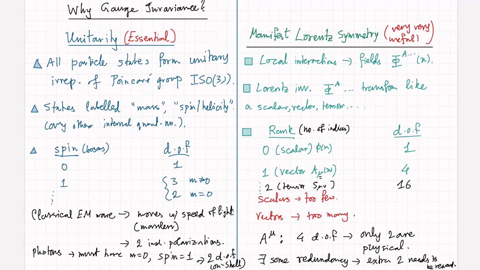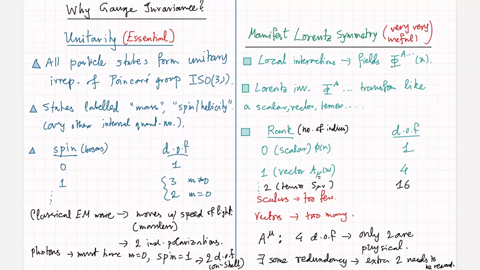So in order to work with manifest Lorentz symmetry, you have to work with something which is a scalar or a vector or a tensor. And none of these have exactly the same number of components as you need to describe the correct quantum theory. So you either have too few or too many. With too few, there is nothing you can do.